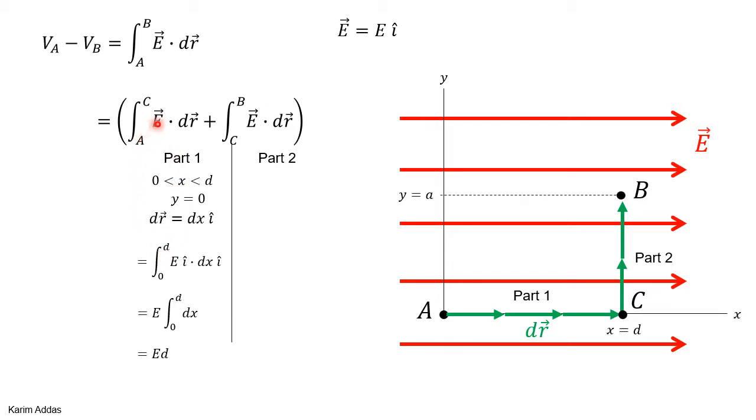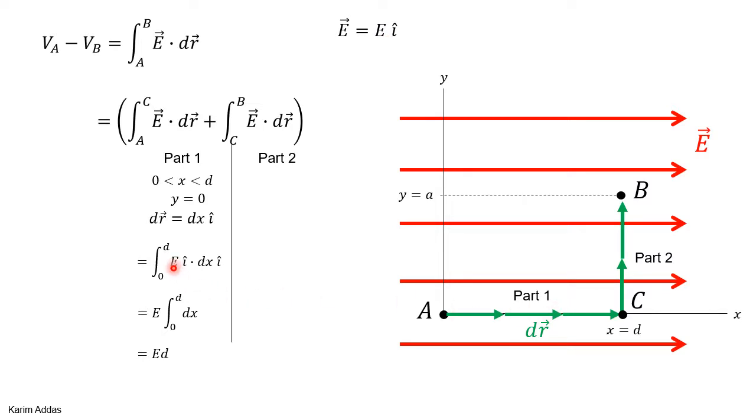So you substitute the electric field to be E i, a uniform electric field, dotted into dr, which on this part is dx i. Now what's i hat dot i hat? 1. So you end up with E dx. And the electric field is uniform. So the electric field here and here and here, it's all the same value.